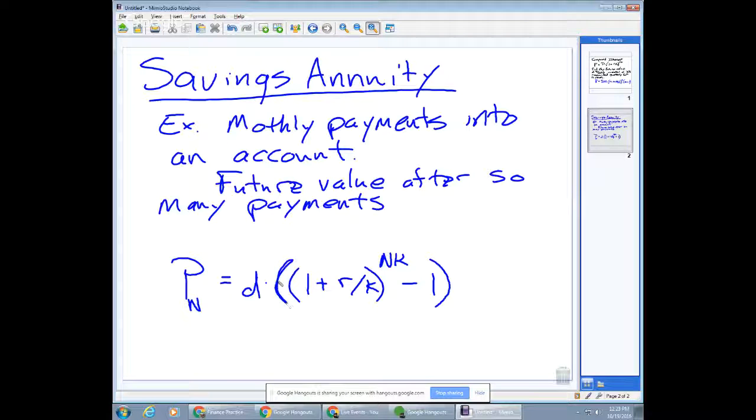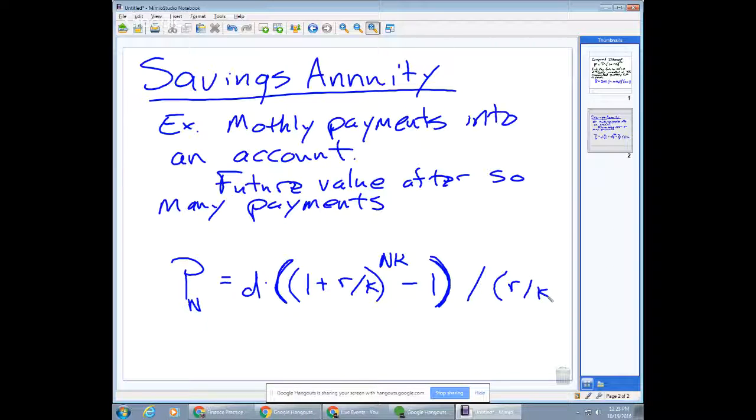So I just closed that one. And then I have to divide all of that by parentheses the periodic rate, which is R over K. So that is our formula using the order of operations and the given information.